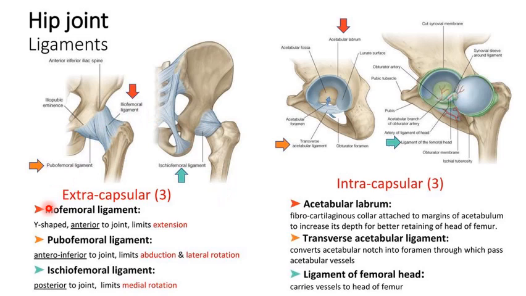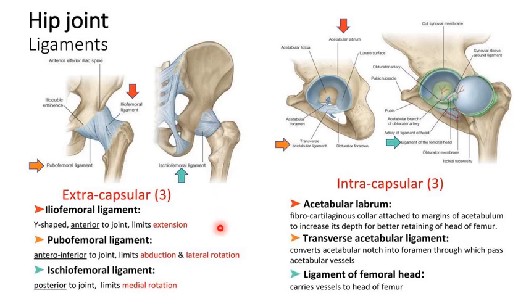The extracapsular ligaments are the iliofemoral ligament between the femur and the ilium part of the hip bone, the pubofemoral ligament, that is the pubis part of the hip bone to the femur, and the ischiofemoral ligament, which we can see on the other side, attached to the ischium part of the hip bone and the femur.